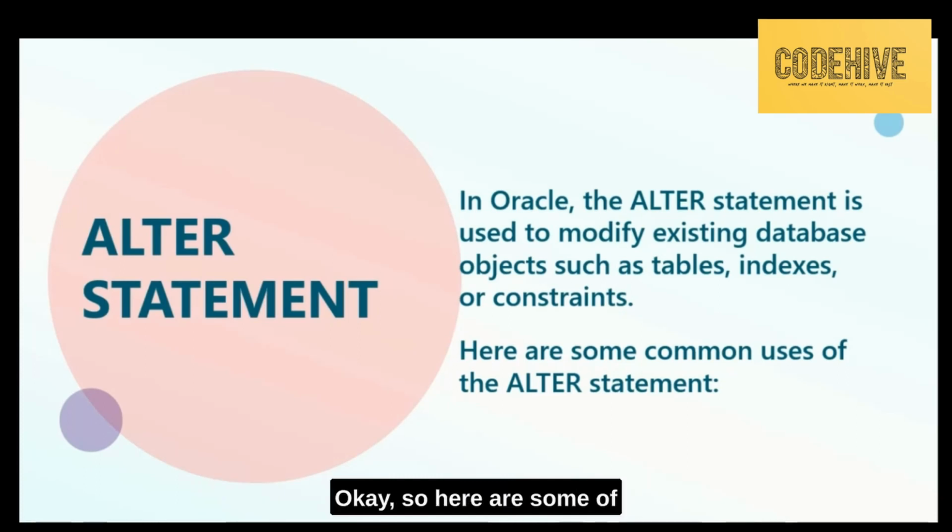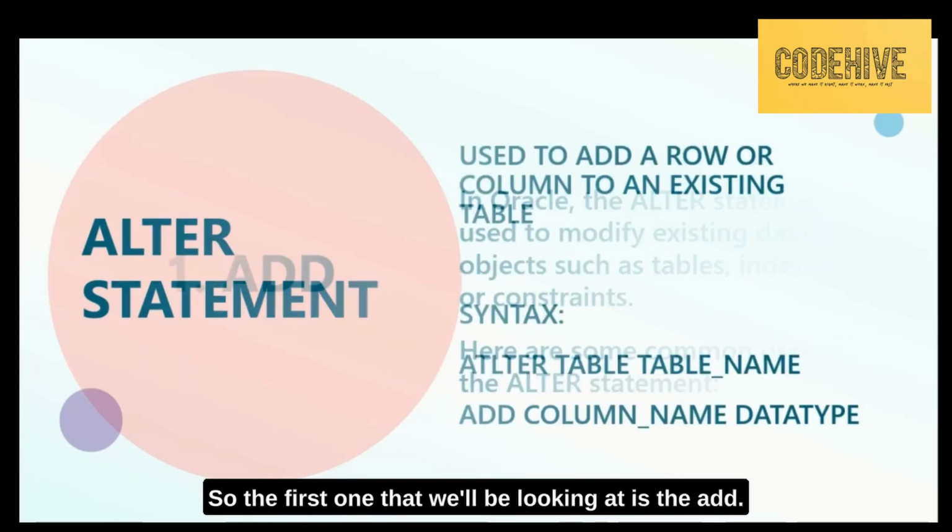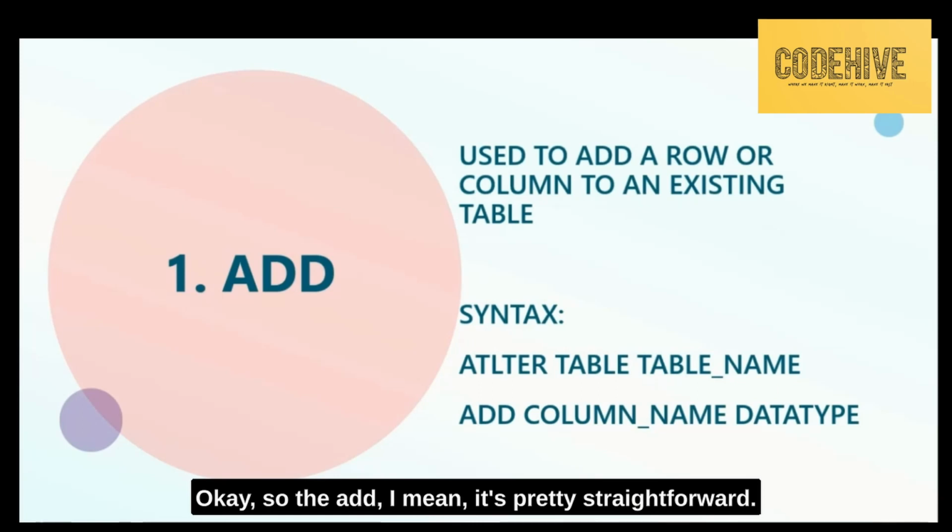Okay, so here are some of the common uses of alter statements. The first one that we'll be looking at is the add. It's pretty straightforward. It is used to add a row or column to an existing table. The syntax is alter table, then your table name, and then add your column name as well as the data type.